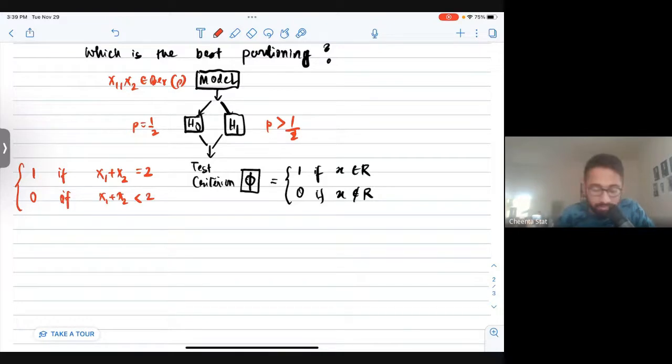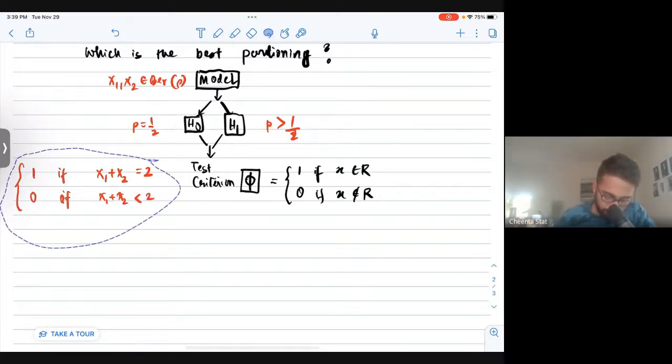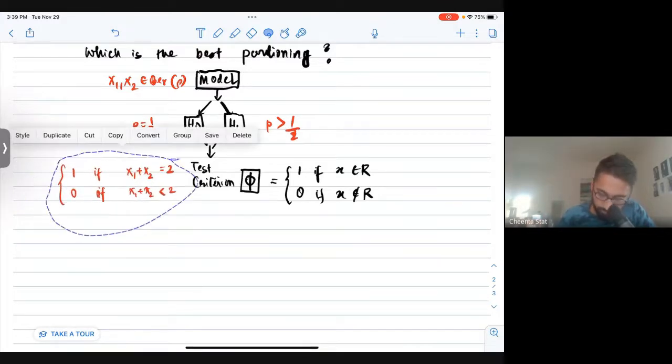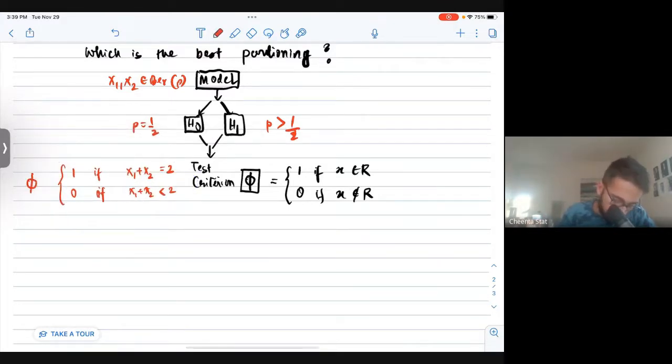That's a test criteria. Understand the data consists of two elements here.